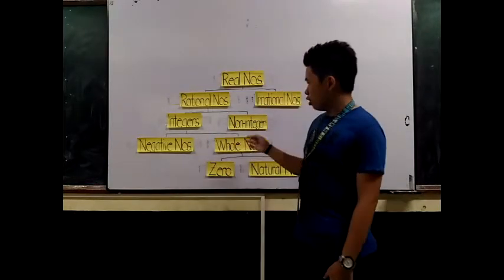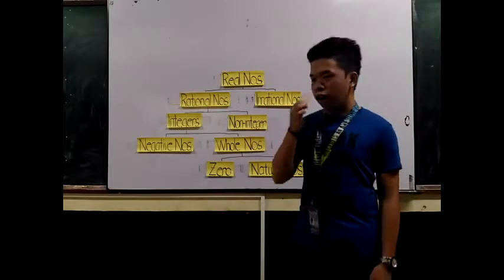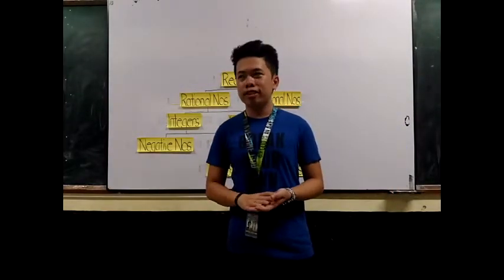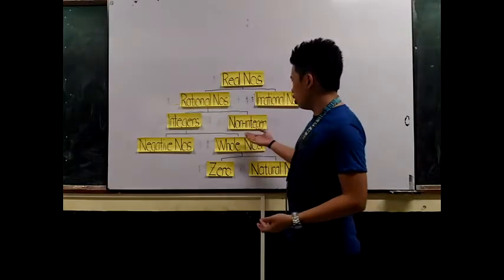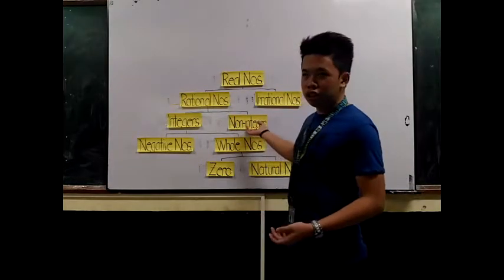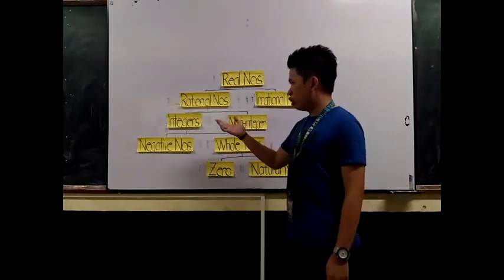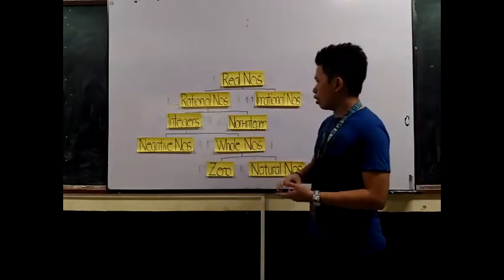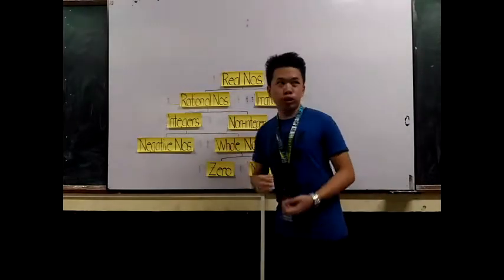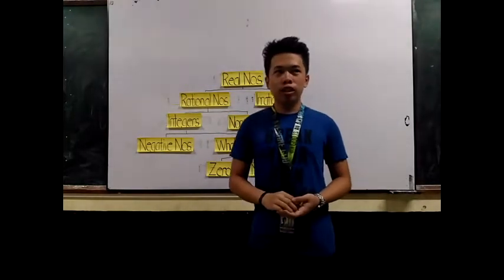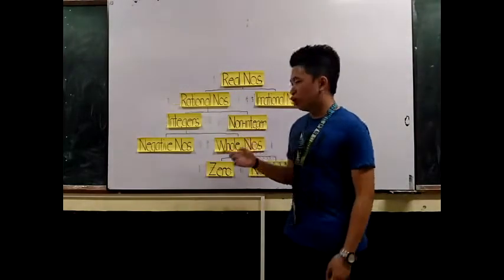Between these integers are numbers that cannot be expressed as a whole. We call them non-integers, or we commonly call them fractions. So non-integers and integers can combine to make the rational numbers. Rational numbers are numbers that can be expressed as a ratio of two integers: 4/1, 3/4, 1/2, 1/3, you name it.